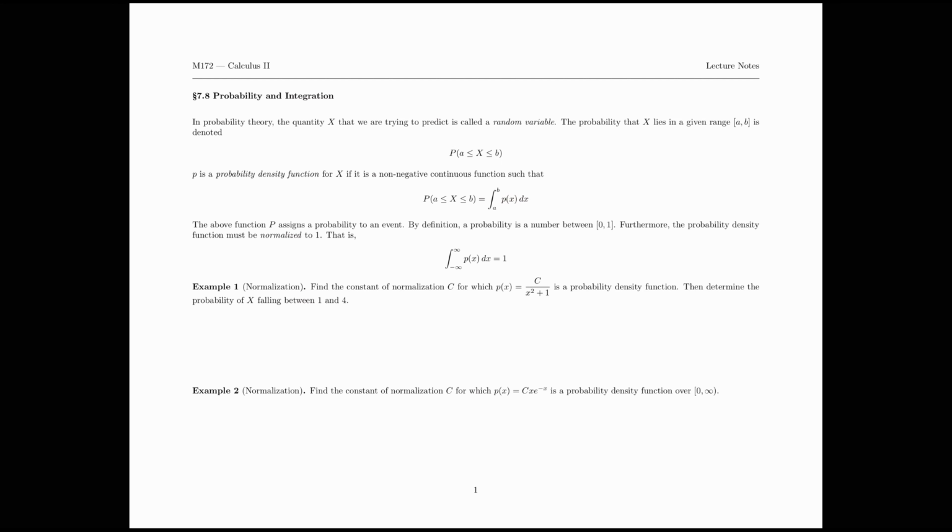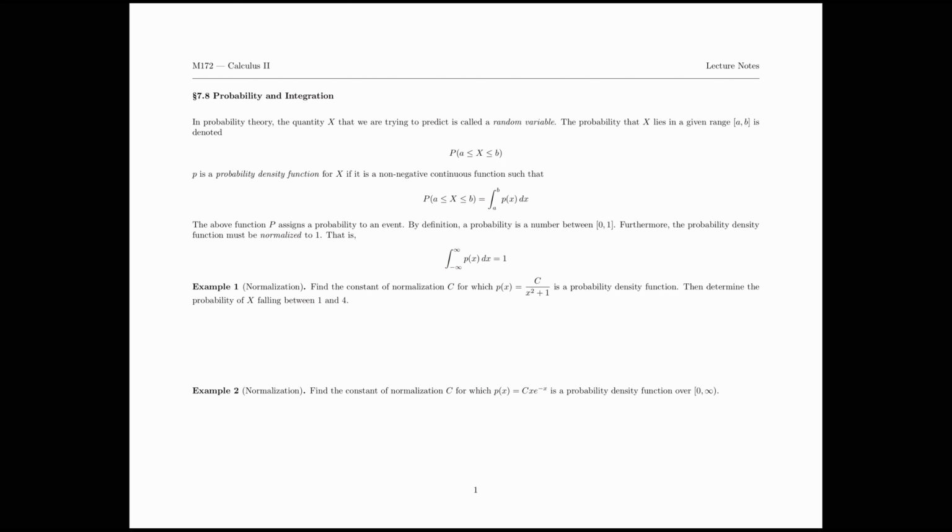So we know that a probability is a number between 0 and 1. It can't be less than 0, can't be greater than 1. So if we just start with a density function, there's nothing that says that when we integrate over all possible values we'll actually get 1. So we have to make sure that this is true.